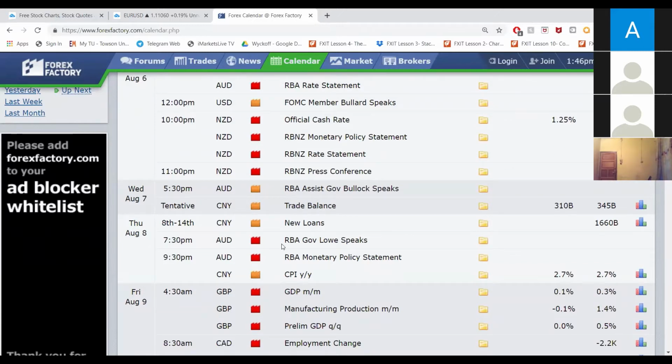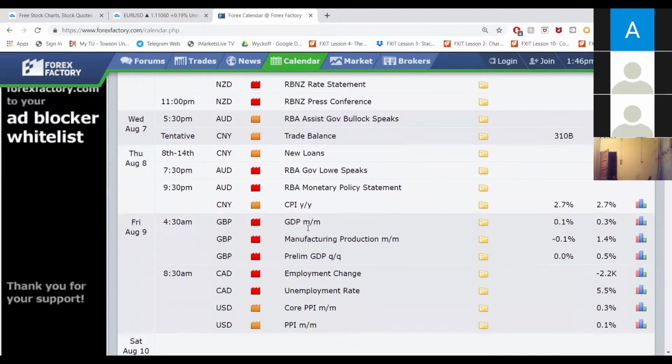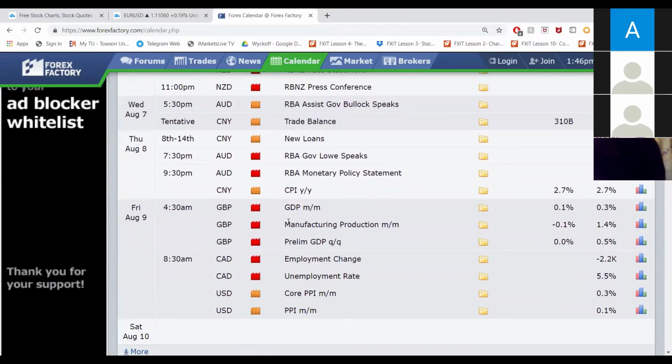You can also do Euro AUD, because that also moves a lot. And when it's GBP, I will check GBP USD, GBP JPY, because they will move a lot.